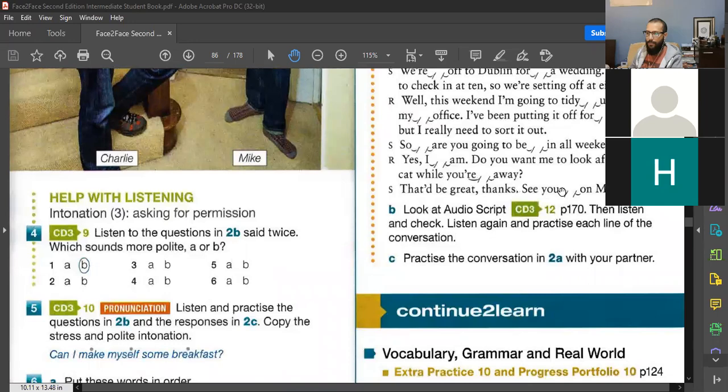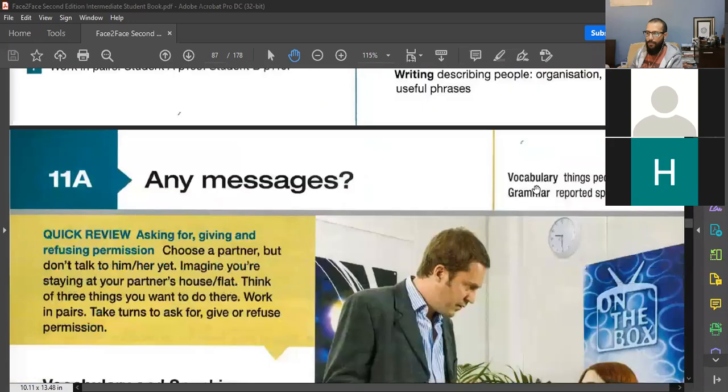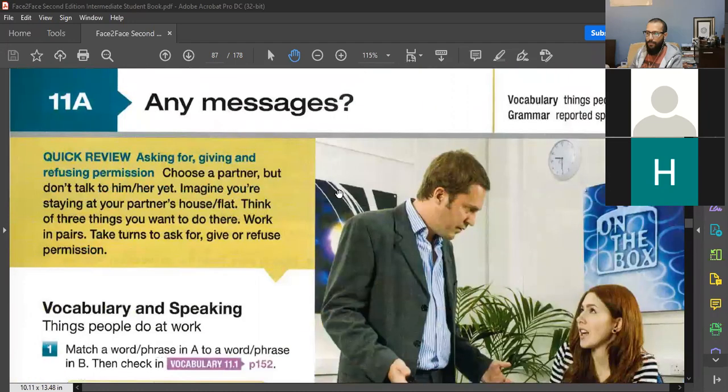Okay, so let me show you our next topic. Here we're going to talk a little bit about work, things people do at work, and we'll also talk about reported speech. I think we haven't talked about reported speech yet, but you already know it. But first, before we talk about reported speech, let's talk a bit about vocab.